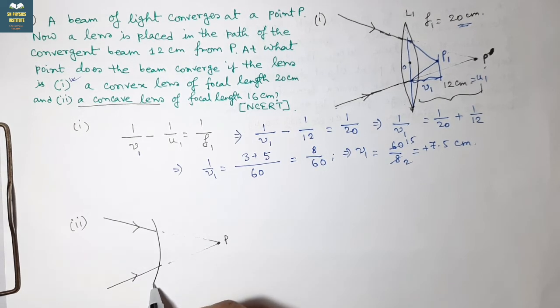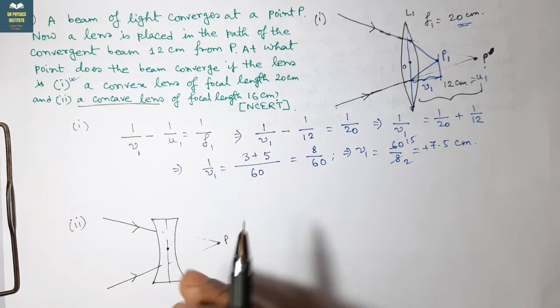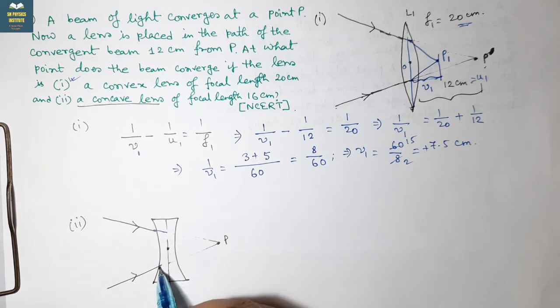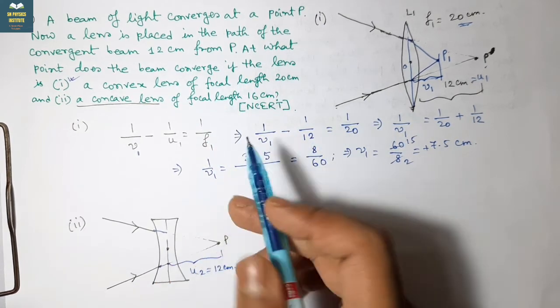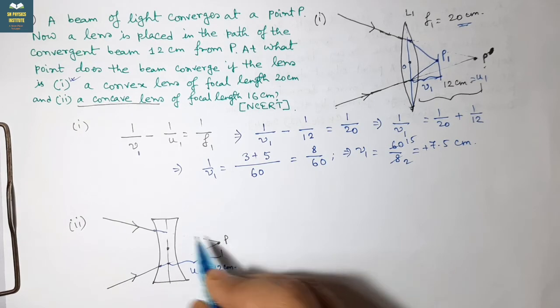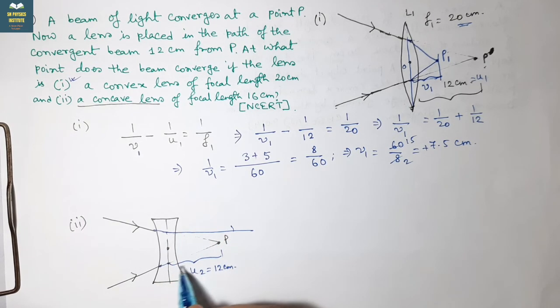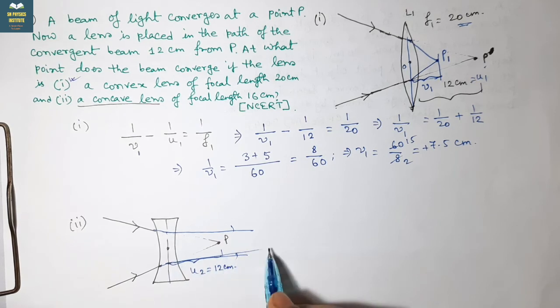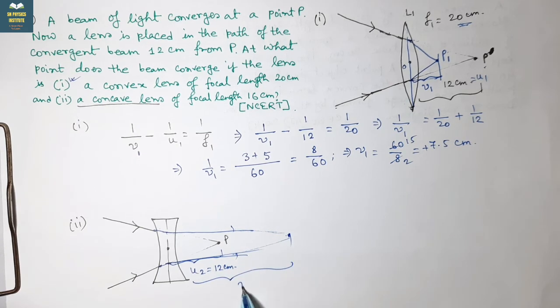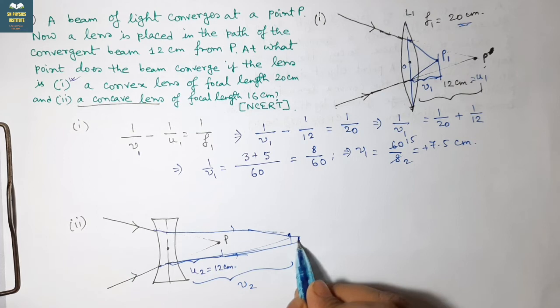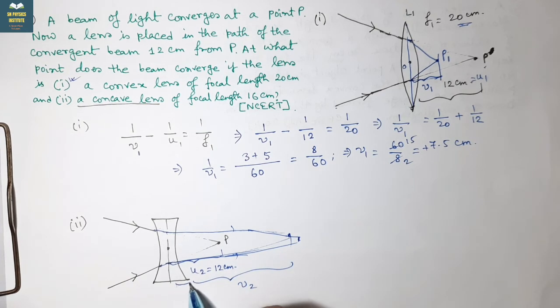Now if you keep a concave lens, then this is your U2, which is equal to 12 centimeter. After that it will refract, and suppose after refraction through the lens it will meet at v2 distance from the lens.